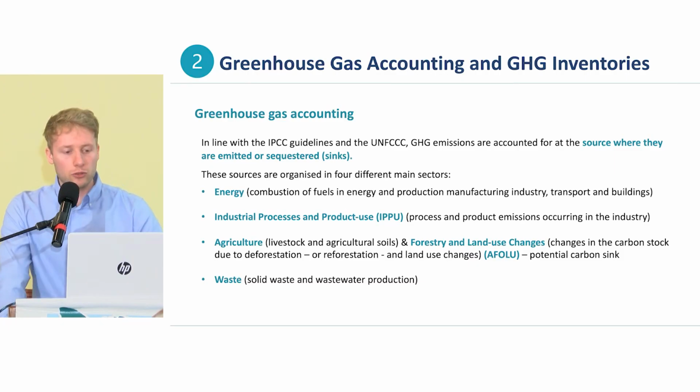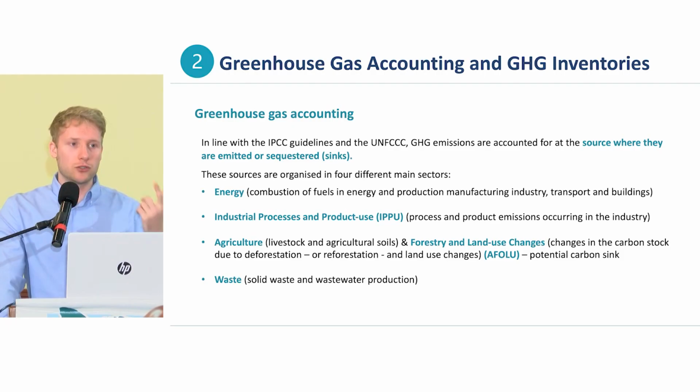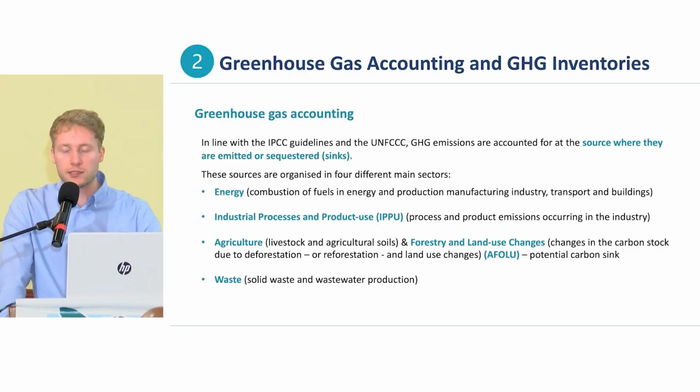Then we have industrial processes and product use. Here, what's important, industry, of course, we know has a lot of emissions. Usually we associate the industry with emissions. What is important is that the energy consumption in those industries, burning natural gas, for instance, to power the processes and so forth, is accounted for in energy.